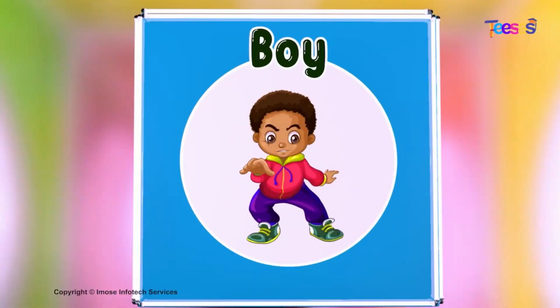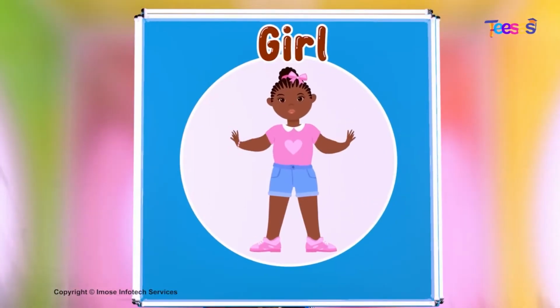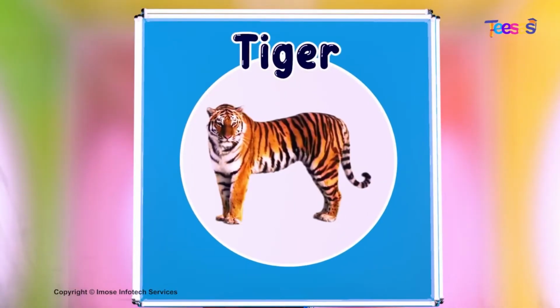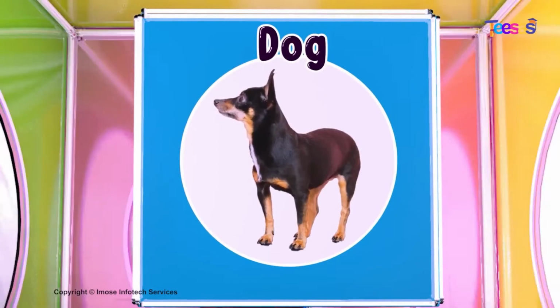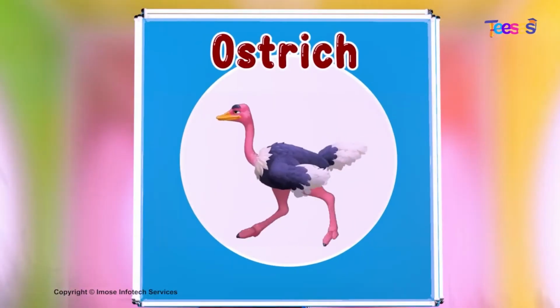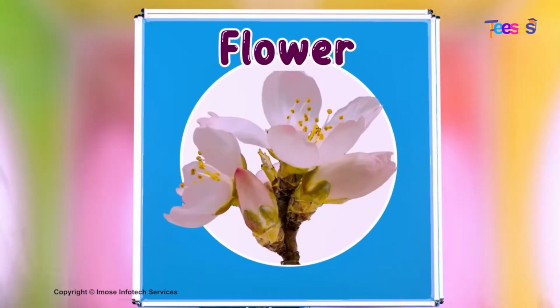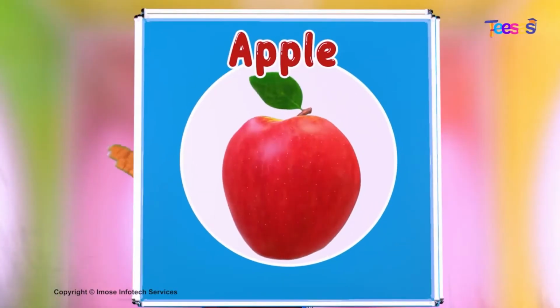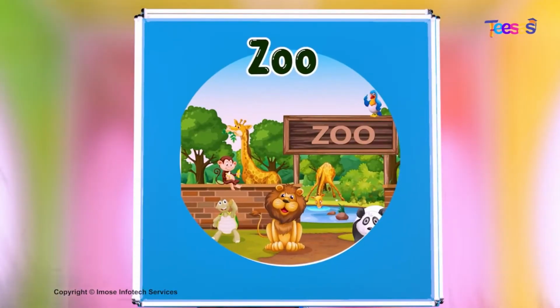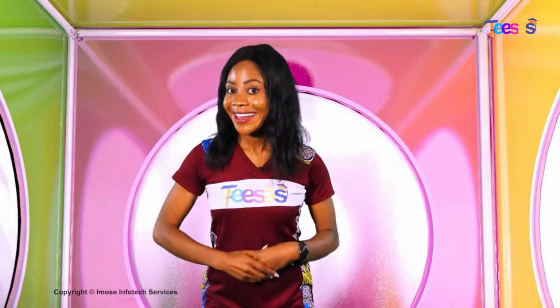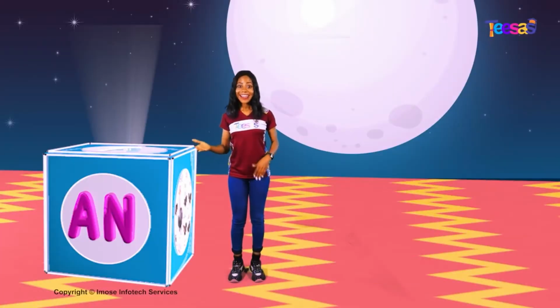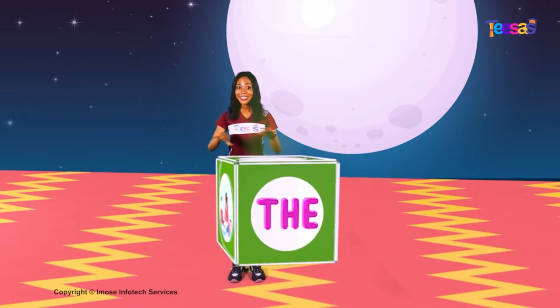Examples are boy, girl, tiger, dog, eagle, ostrich, flower, apple, zoo, school, and many more. A, an, and the are used differently.